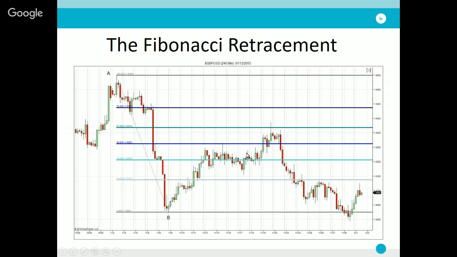So why is it that these levels work? Well, some people argue that the core mathematical principles behind the Fibonacci numbers and their relation to natural geometrical structure is what causes these levels to be so effective.